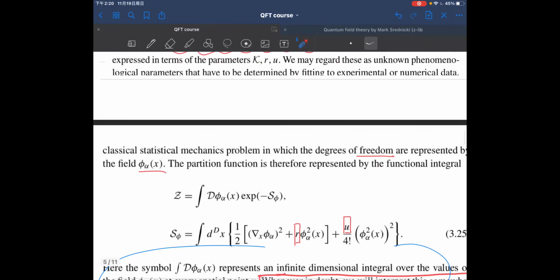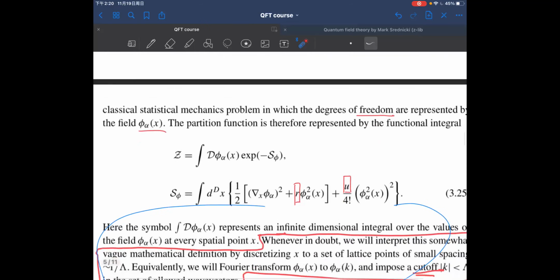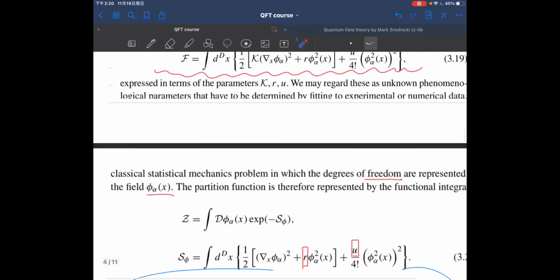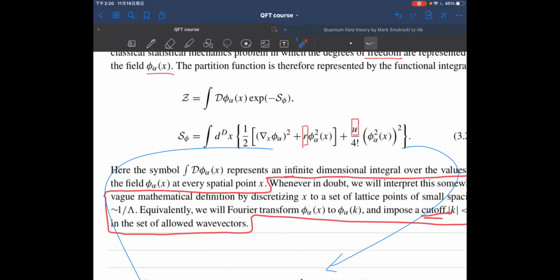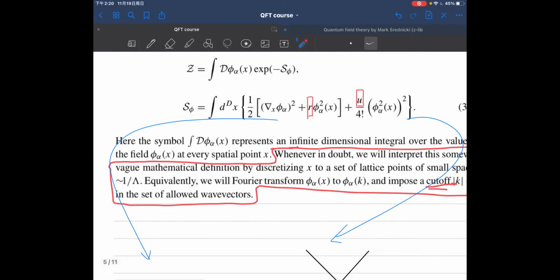You can determine them by fitting experimental or numerical data, but here it's quite easy to see that the coefficient of k squared is just 1. The r is left unknown. Anyway, you can just fit it with the numerical result.